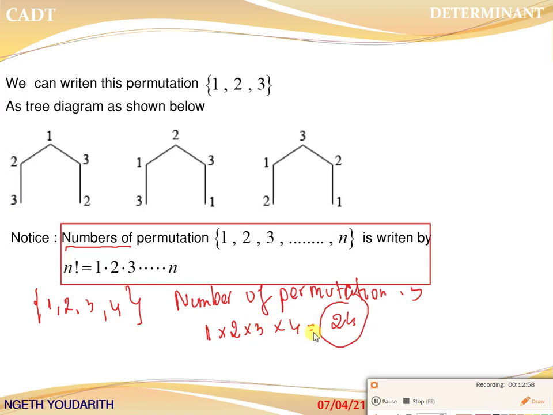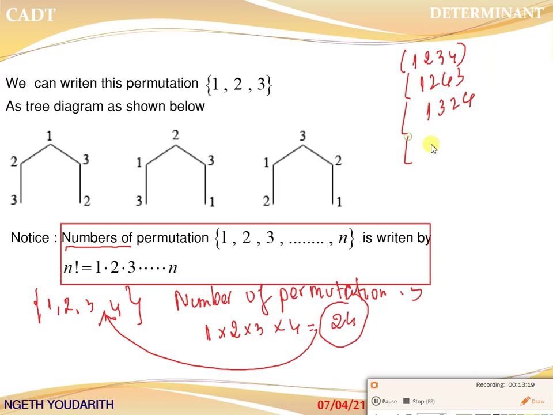So the permutation of 1, 2, 3, 4 has 24 different permutations. Example, you have 1, 2, 3, 4, and 1, 2, 4, 3, 1, 3, 2, 4, 1, 3, 4, 2. This is the kind.